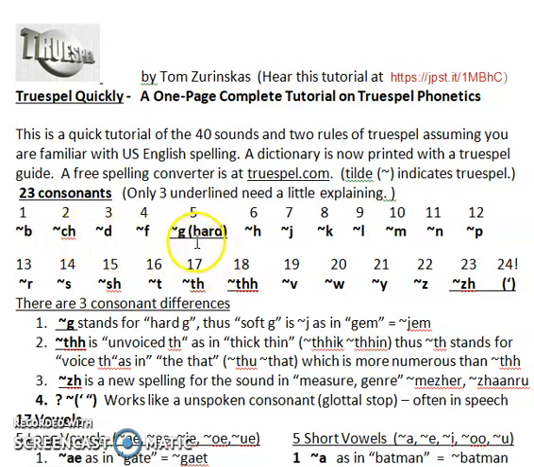The G in Truespel, these are all Truespel spellings, is always hard, as in girl and gag, instead of being soft, as in gem and Gina. So you can see there are 21 of them that are very easy, but there are a couple of hard ones.